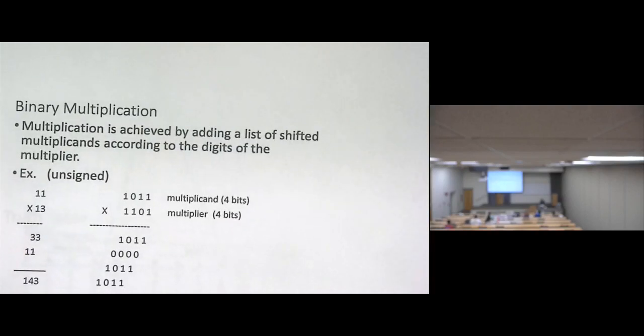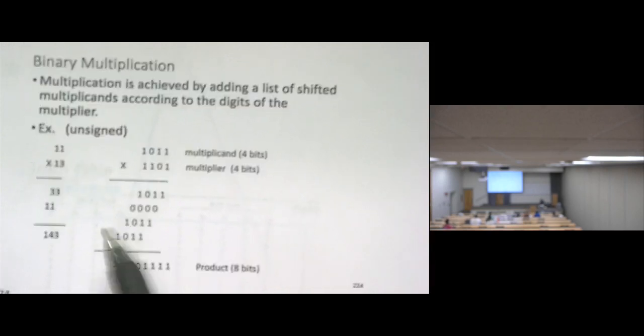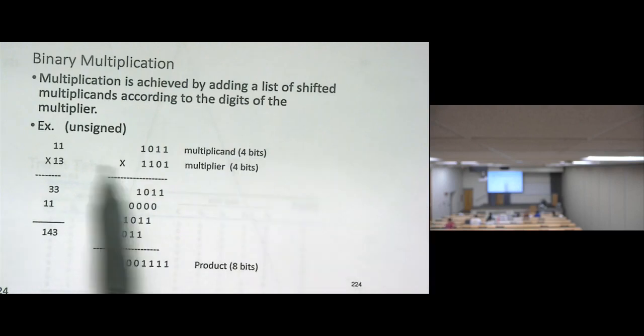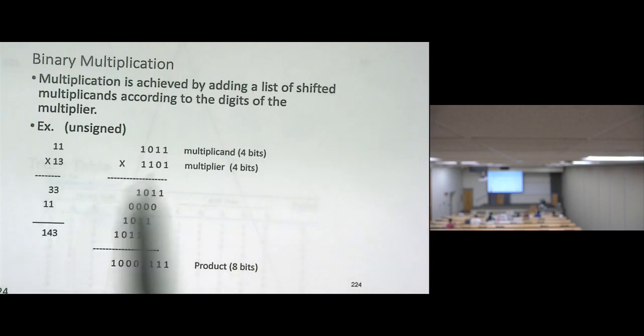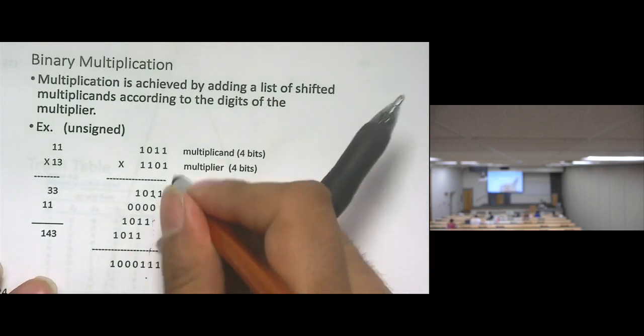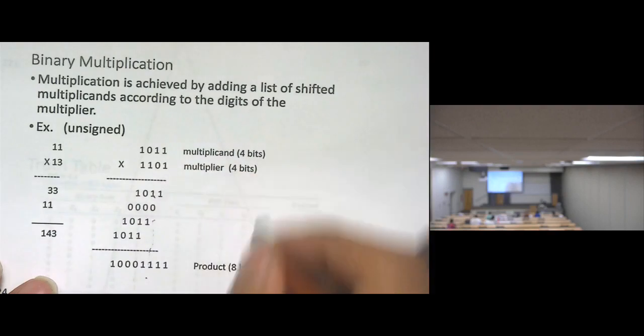Now, binary multiplication. How can I apply it? Can I do multiplication using that? Let's assume the same multiplication that we know from lecture 1 or lecture 2, 11 times 13. That's how we apply the multiplication. Looking and observing, we see that we have 4 bits times 4 bits.